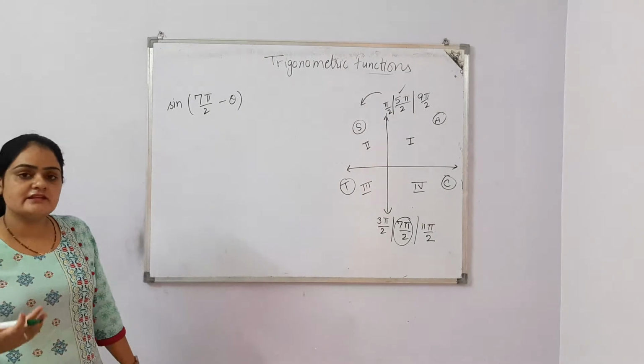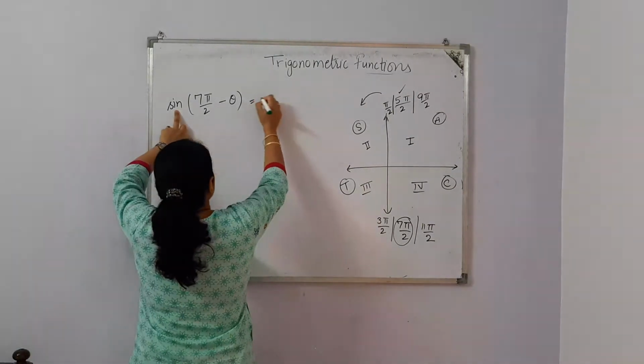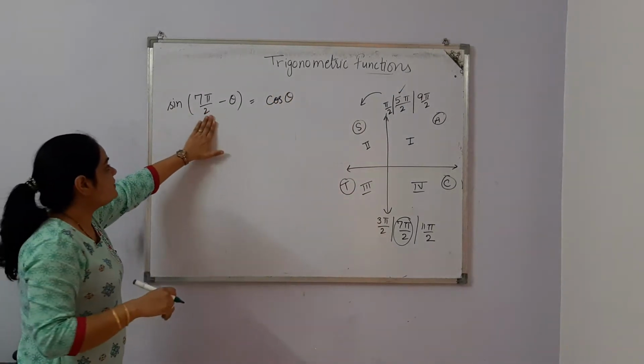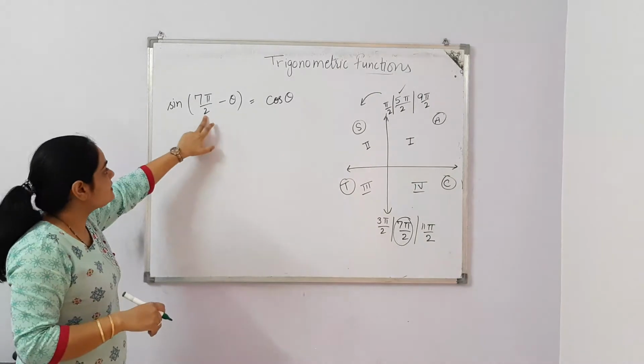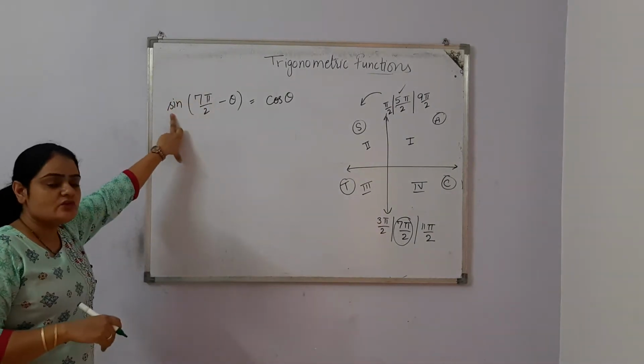If the vertical line is there, that means change is there. Sin will change into cos. So we'll write cos of theta. First of all, just because this is on the vertical axis, sin will change into cos.